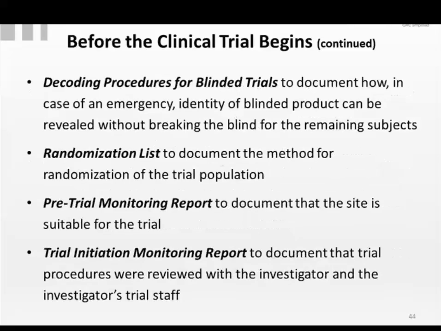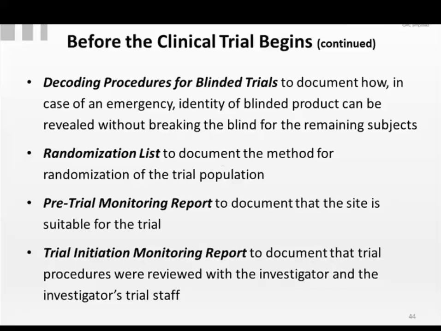There should also be some documentation to show what the decoding procedures are for blinded trials. These document how, in case of emergency, the identity of a blinded product can be revealed without breaking the blind for the remaining subjects. A randomization list documents the method for randomization of the trial population.